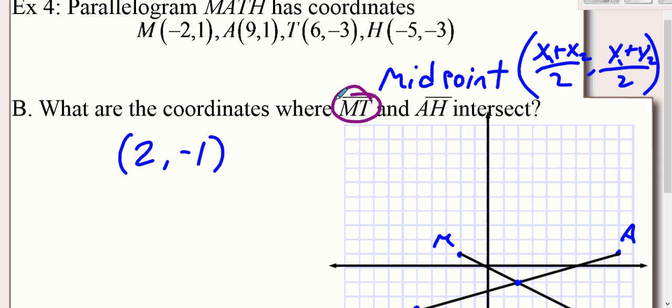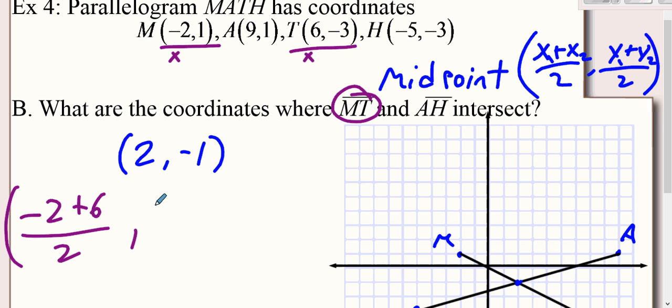So if you're trying to find the midpoint of MT, M and T, you can take the x coordinates, -2 plus 6, and you're going to divide by 2. You can take the y coordinates, 1 and -3, divide by 2. Use midpoint formula to see where they intersect.